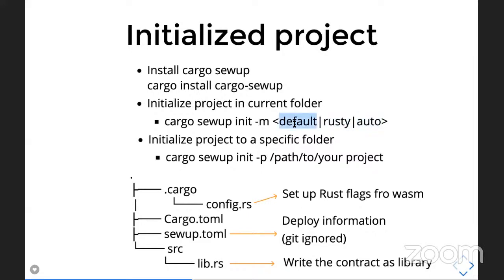The default type is one where you can just put data on chain, and the return will be much simpler. It's just okay, and if something errors, it will give you the error message. If it's a Rusty project, the return will be a Rusty object. The Rusty object will be a Result, because every return type in Rust should be a Result.